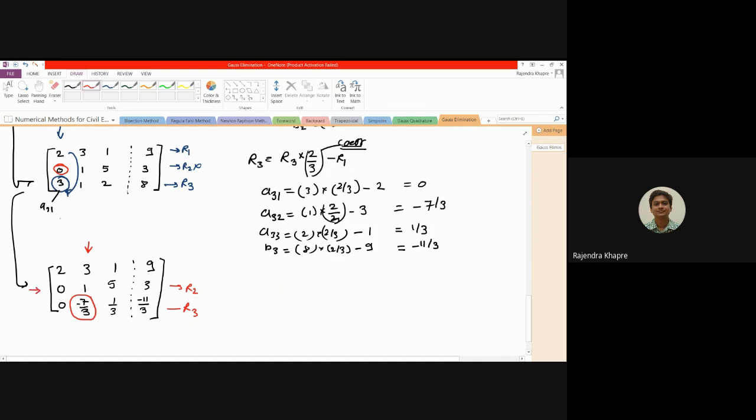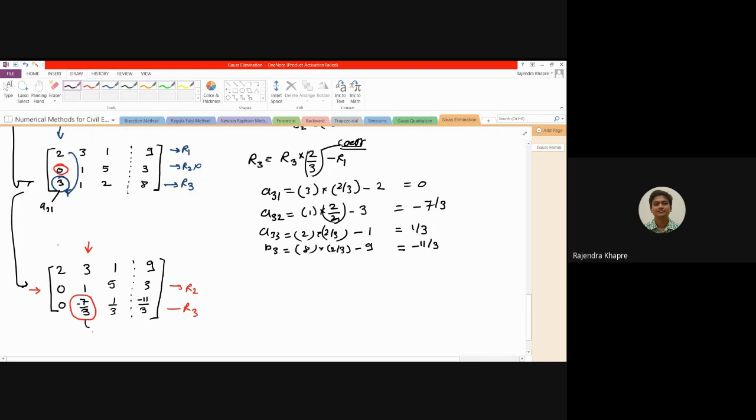Earlier, we operated on this column, that's why we took only row 1. So if you are operating on the third column, you have to use the third row. Okay, like this.